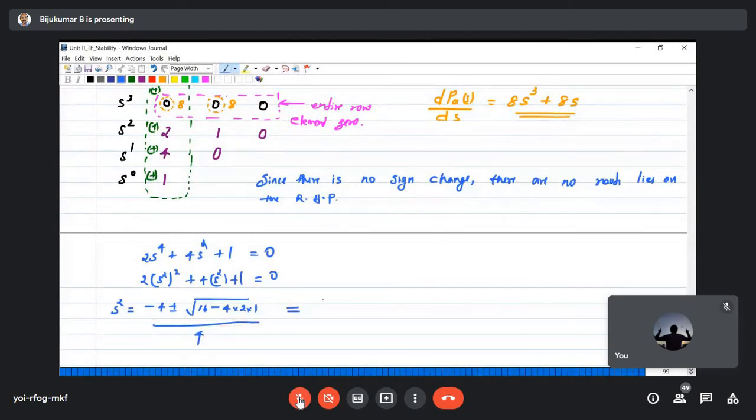So s^2 becomes (-4 ± root of (16 - 8)) / 4, that is minus 1 plus or minus root 8 by 4. How much will it come? You calculate and tell me. What is the value I am getting here?